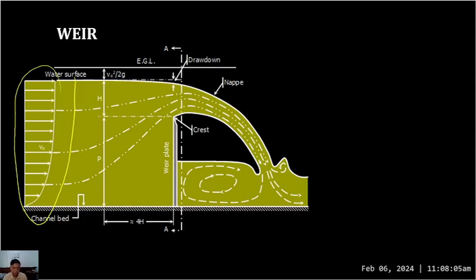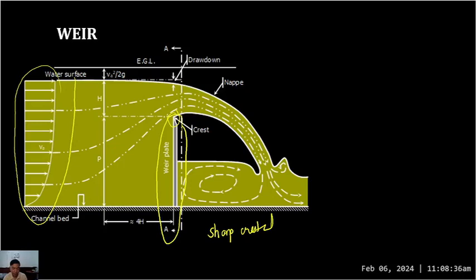And then meron tayong tinatawag na channel of approach, which is ito yung part ng channel na pinakamalapit sa weir plate. Ito yung weir plate natin. Yung nasa dulo ng weir plate, yun yung crest. Kaya ito yung tinatawag nating sharp crested. Yung nasa video kanina, yun yung broad.